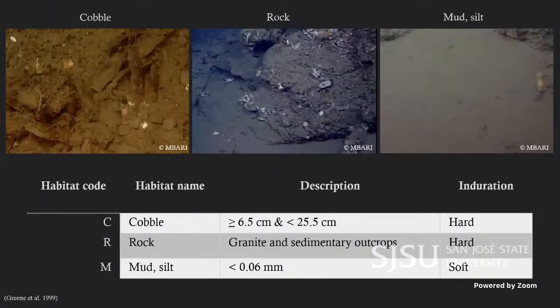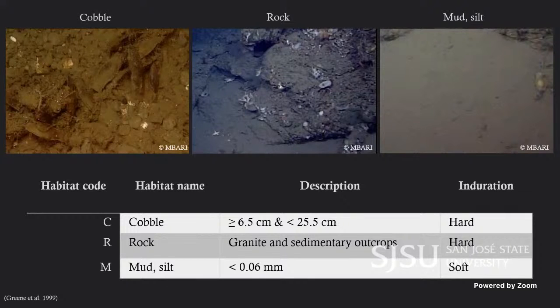For only the manned submersible dives, seafloor was classified following Green et al. 1999's protocol. Within my survey regions, they were comprised of cobble, rock, and mud or silt. Cobble and rock both being of hard induration, where silt is soft.